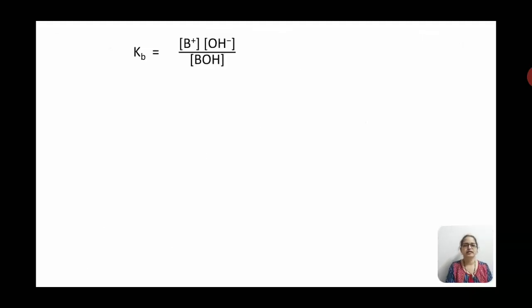Now we know that Kb is equal to molar concentration of B plus into molar concentration of OH minus upon molar concentration of BOH.